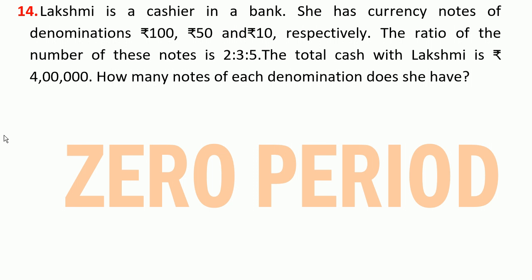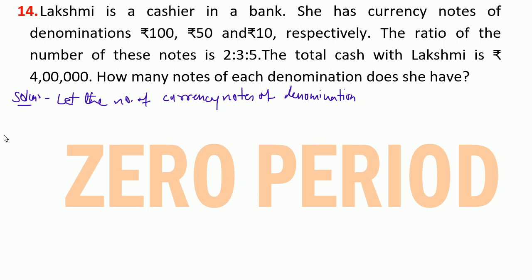Solution of this question. Let the number of currency notes of denomination rupees 100 be 2x and rupees 50 be 3x and rupees 10 be 5x.